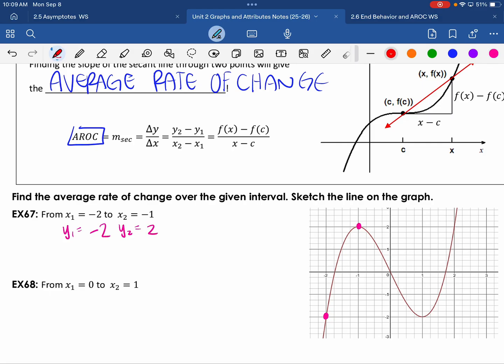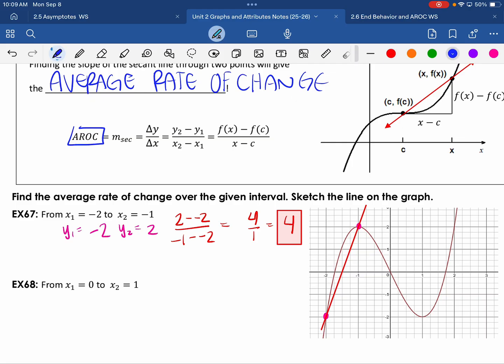And then when I put that into my slope formula, 2 minus negative 2 over negative 1 minus negative 2, I get 4 over 1, which is going to be 4. So my average rate of change is 4. And what you just found is AROC and the slope of that line. So if you were to sketch a line, do you see my line I've sketched to those 2 points? Do you kind of see how that slope is a slope of 4? Rise 4, run 1.